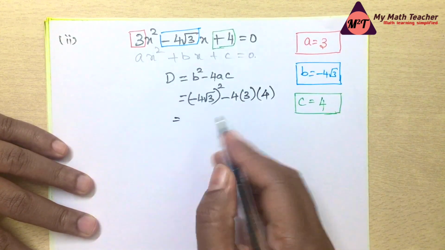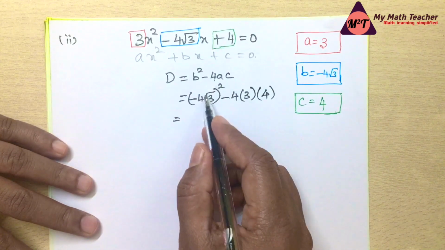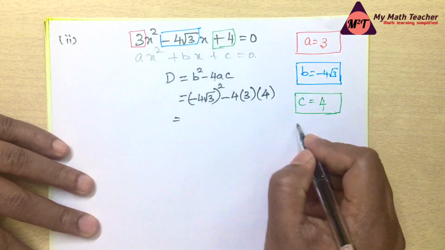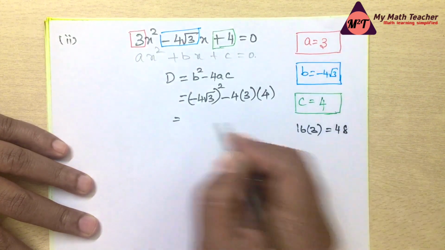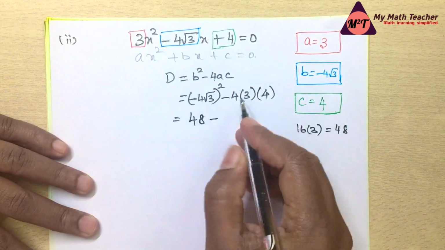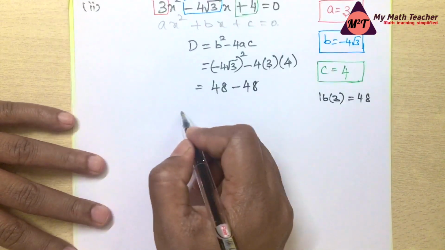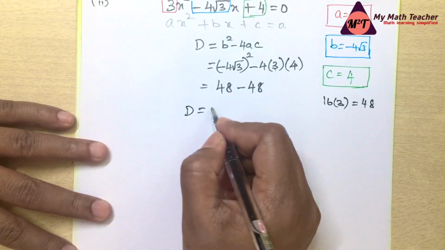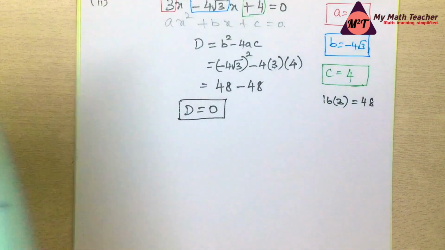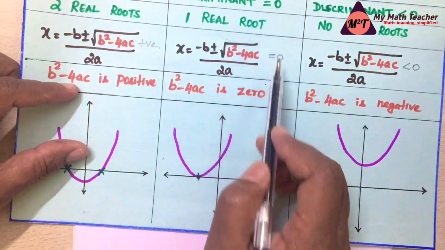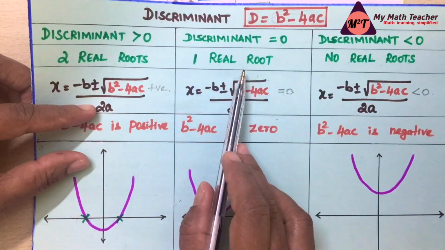Minus 4 root 3 square will be positive. 4 square is 16 into root 3 square is 3, 16 into 3 is 48. Minus 4 3s are 12, 12 4s are 48. Now D value is 48 minus 48 becomes 0. Discriminant is exactly equal to 0, so we will have one real root.